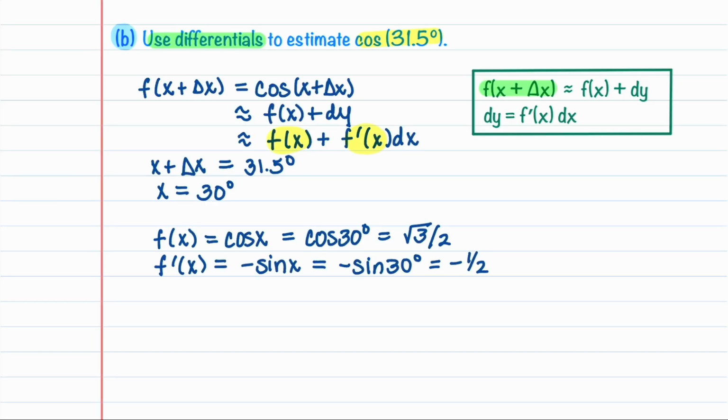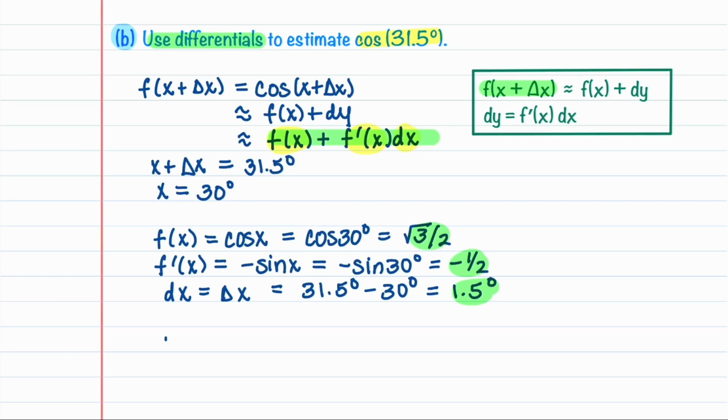And then I also realized that we also have to find dx. dx is the same as delta x, so that is going to be 31.5 degrees minus 30 degrees, which is 1.5 degrees. Now we're going to take all three of these values and substitute it in to our equation.